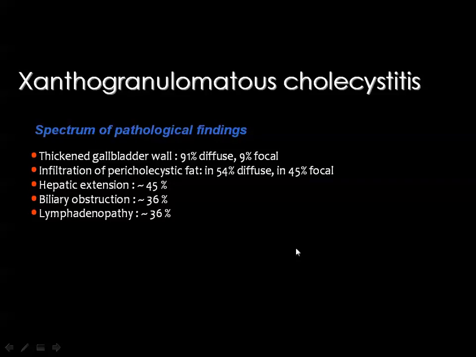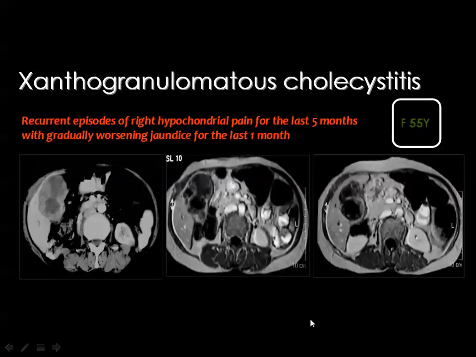Xanthogranulomatous cholecystitis will show these findings by imaging, and thickening of the gallbladder wall may be diffuse in the majority of cases or focal in some patients. Infiltration of the pericholecystic fat is seen in these percentages, and hepatic extension of the inflammatory condition, also biliary obstruction, and you may get some lymphadenopathy, and this will complicate the imaging findings, and you will not be able to differentiate xanthogranulomatous cholecystitis from malignancy.